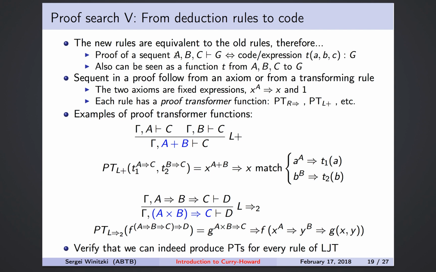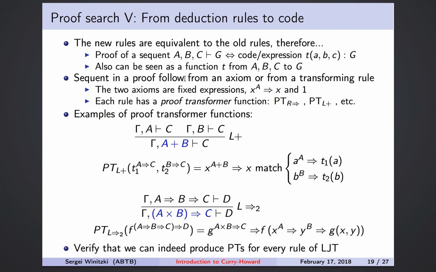Now, proof of a sequent means that we have some expression, let's say t, that uses variables a, b, and c of these types, and the expression itself has type g. And also, as I have shown, this could be conveniently seen as a function, the t as a function from a, b, and c, from these three arguments, to the type g.